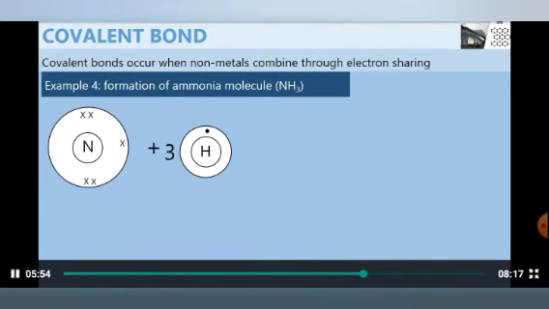For the next example, you can call it example 4, is the formation of ammonia molecule. Ammonia is written as NH3. You can see it here, NH3, meaning 1 nitrogen has combined with 3 hydrogen atoms. Now we are only considering the outermost energy levels in this case.